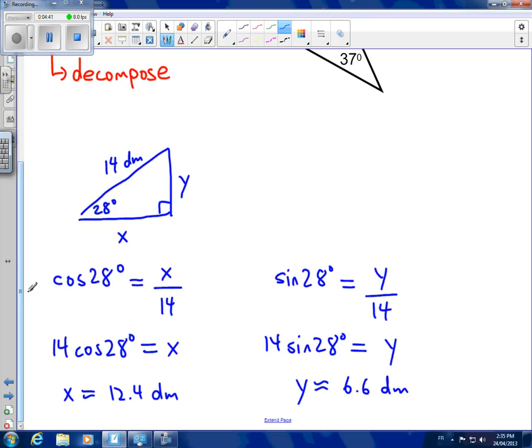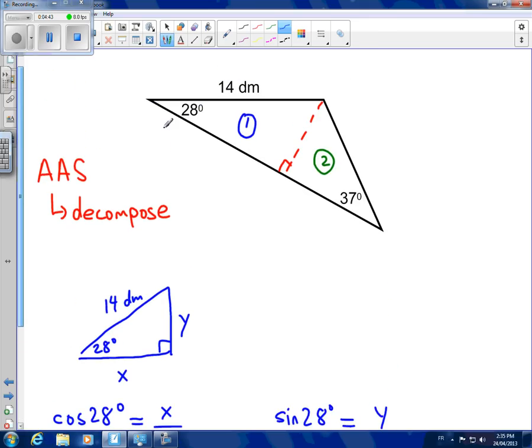Going back to this picture, I just found x, which is part of the base I'm going to use, and y, which is going to be the height of the triangle. Now I just need the base of triangle 2, and I'll have base times height divided by 2.